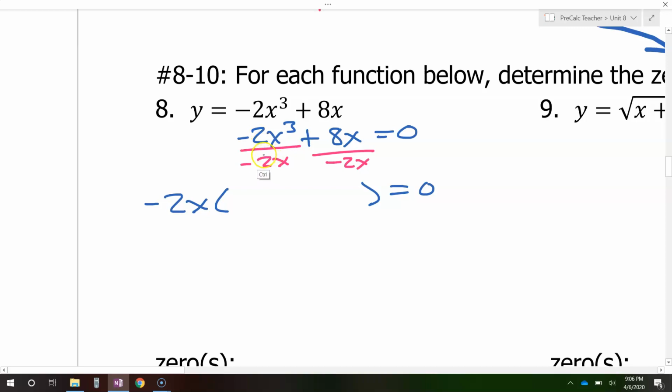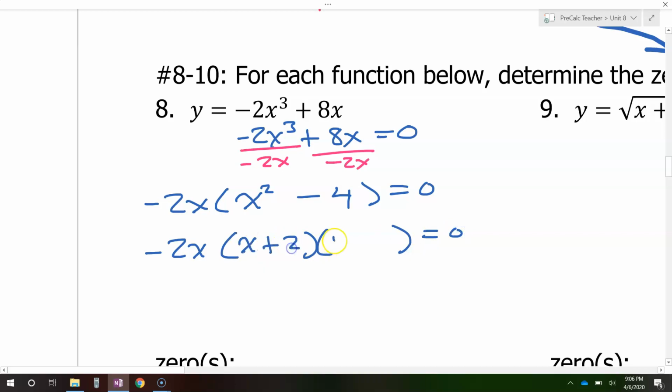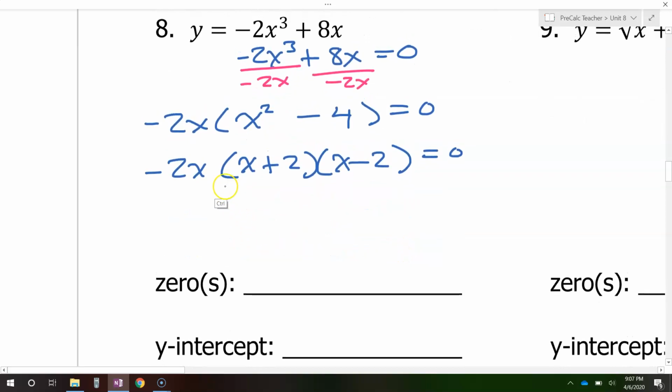Of course, the negative 2's cancel out, and x to the third power divided by x, that's where the x squared comes from. 8 divided by negative 2 is negative 4, and the x's cancel out. So that's how I get this. And then I have negative 2x times x squared minus 4, which is the difference of two squares. So that'll be x plus 2 times x minus 2.